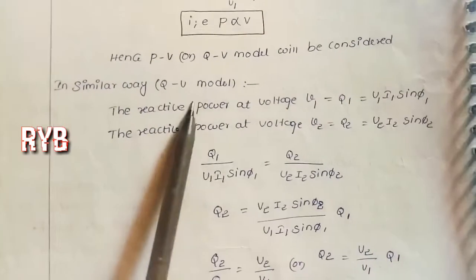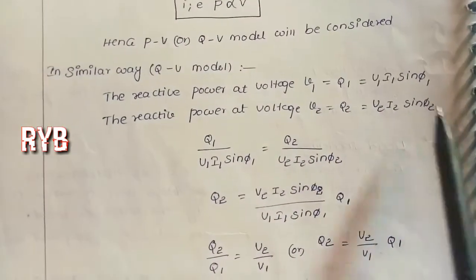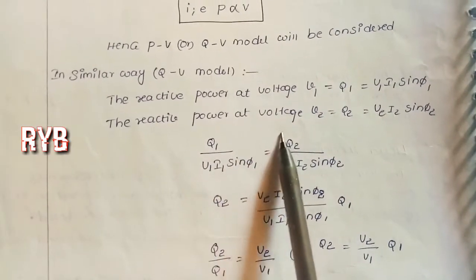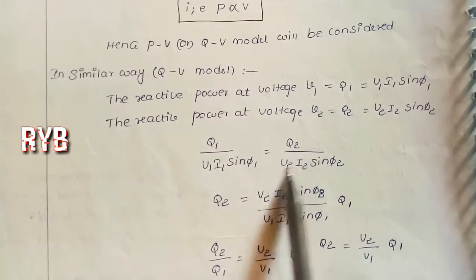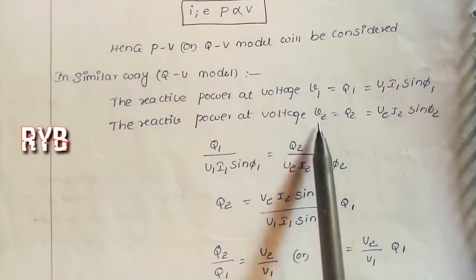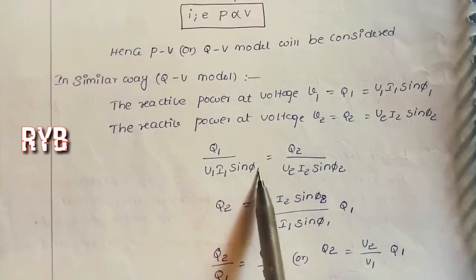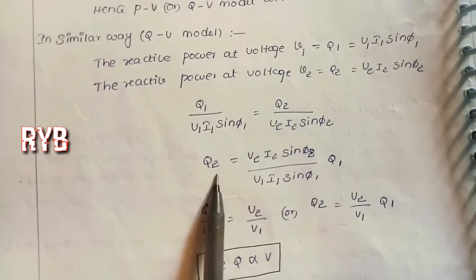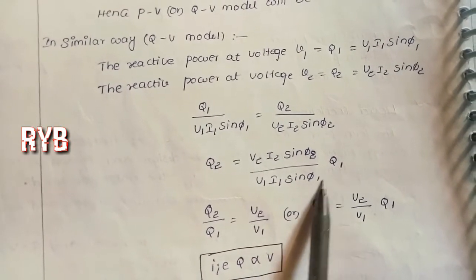In a similar way, for the QV model, the reactive power at voltage V1 is given by Q1 equals V1 I1 sin phi 1. The reactive power at voltage V2 is Q2 equals V2 I2 sin phi 2. Equating, Q1 by V1 I1 sin phi 1 equals Q2 by V2 I2 sin phi 2. From that, Q2 equals V2 I2 sin phi 2 by V1 I1 sin phi 1 into Q1.